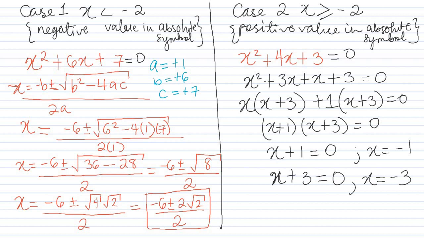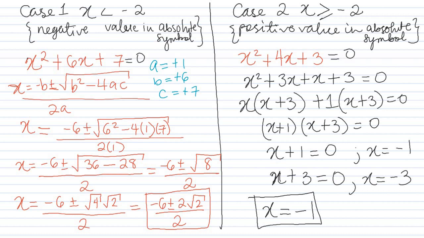But then guess what? -1 is actually greater than -2. So on the side of having a positive value in the absolute symbol, we have our x to be -1, because that's the only one that fits the case here, because x is greater than or equal to -2 and x equals -1 is actually greater than -2. So that's good. But x equals -3 is not greater than that. So we only pick this one here.